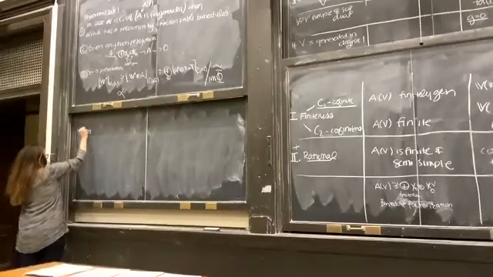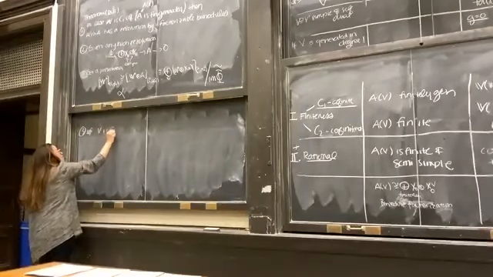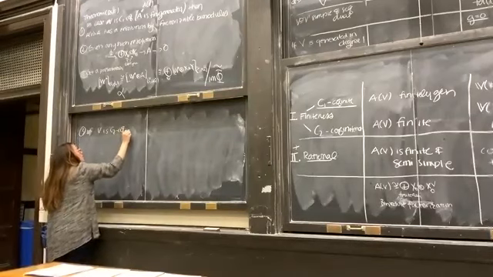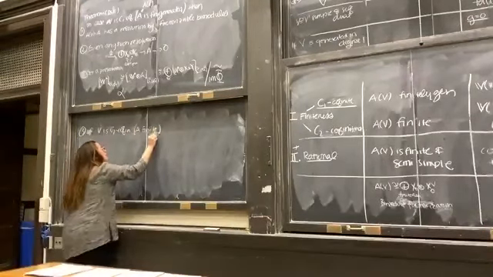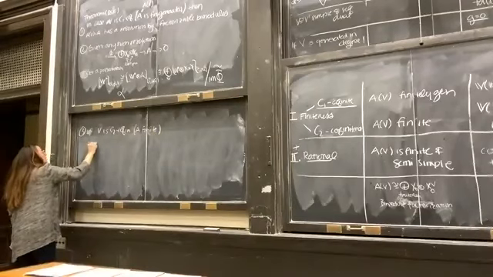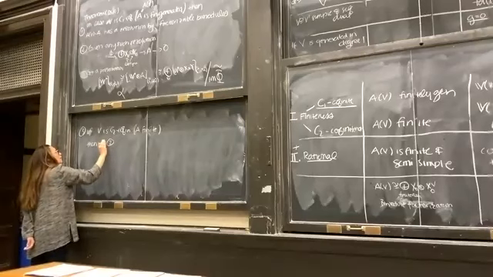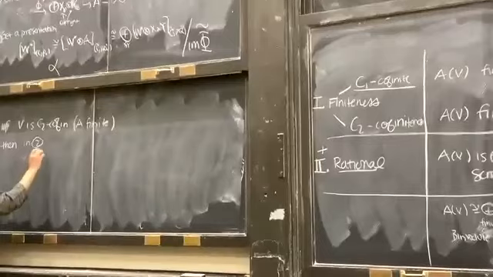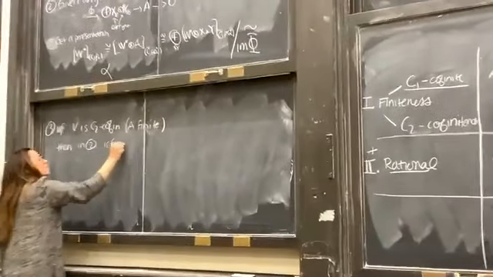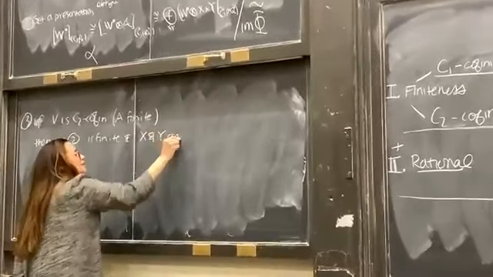So the third part is if B is C2 cofinite, then there's a resolution so that the presentation is finite, and the modules X and Y are indeed factorizable.